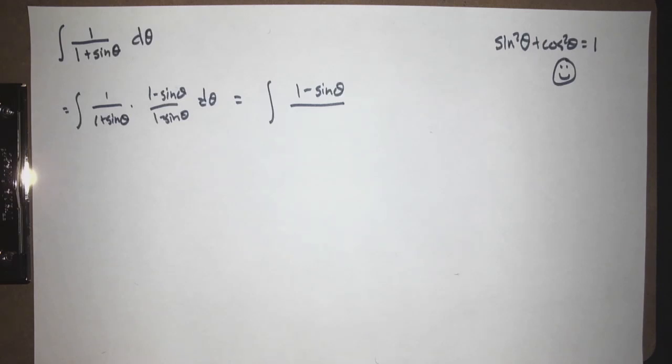Would it be 2 plus sine theta minus cosine theta? No. Well, won't be that complicated. It's like a plus b, a minus b. So when you think of conjugates, a plus b, a minus b, 1 minus sine squared.